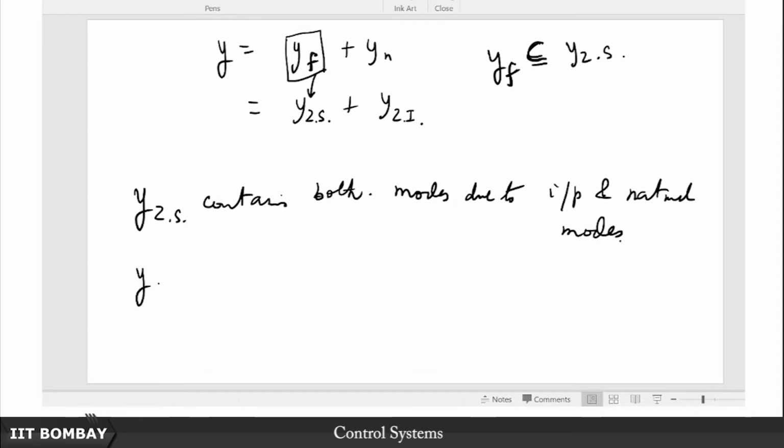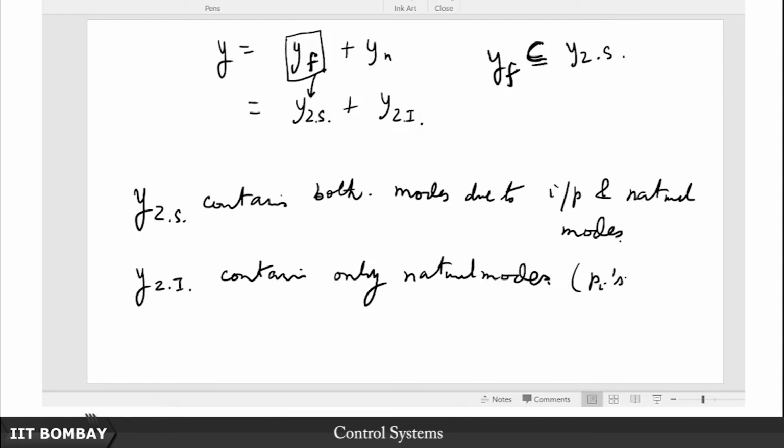And YZI, the zero input response, contains only natural modes, that is the PIs. So this is basically the alpha i's and this is the PIs, very loosely speaking.